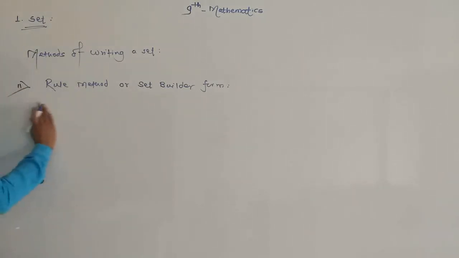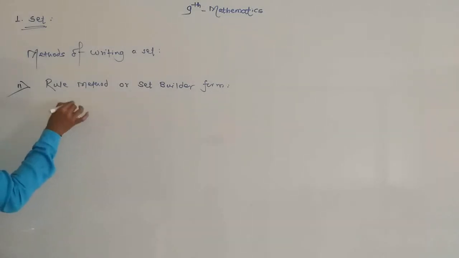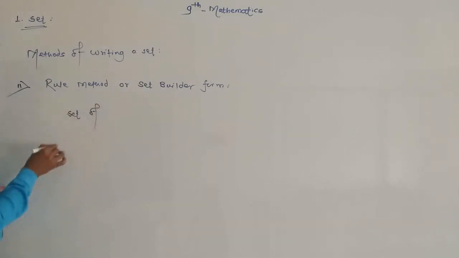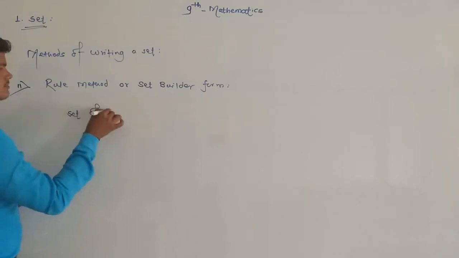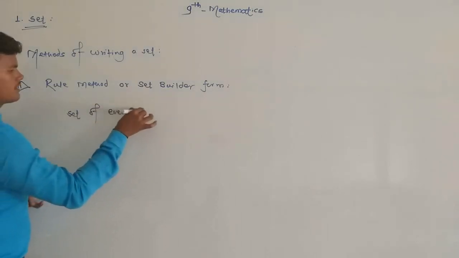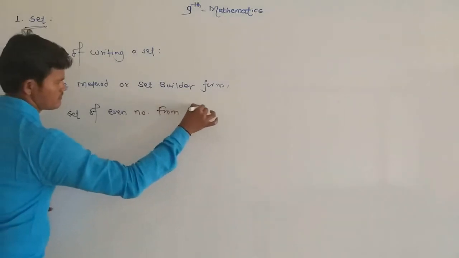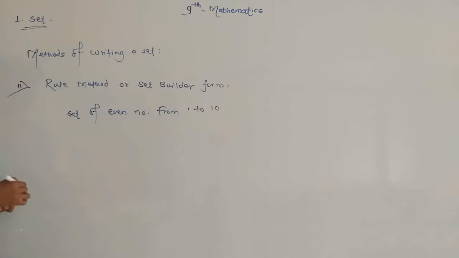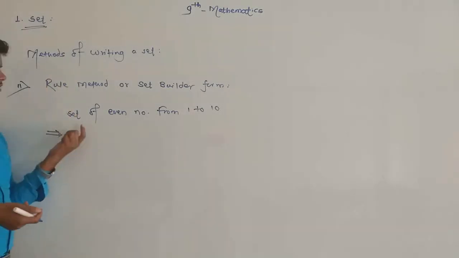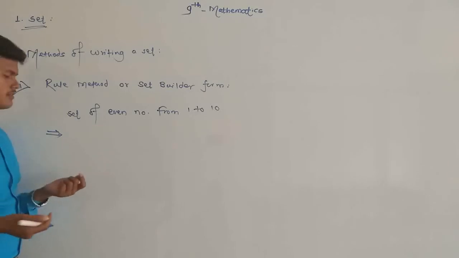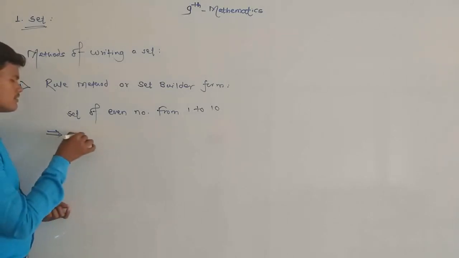For example, consider the set of even numbers from 1 to 10. First of all, we are writing this set by using the listing method. Then we are writing it by using the rule method. To write any set, first of all, write its name by using a capital letter.